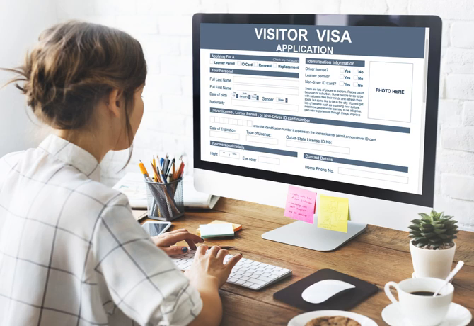Step 6. Check I-539 case status. Applicants can check the status of their I-539 application online using the USCIS case status tool. By entering the receipt number from the application, applicants can track the progress of their case and receive updates on its status.